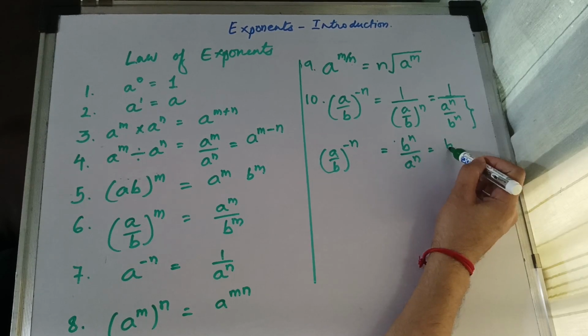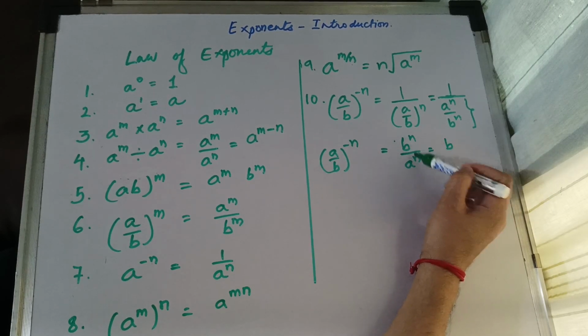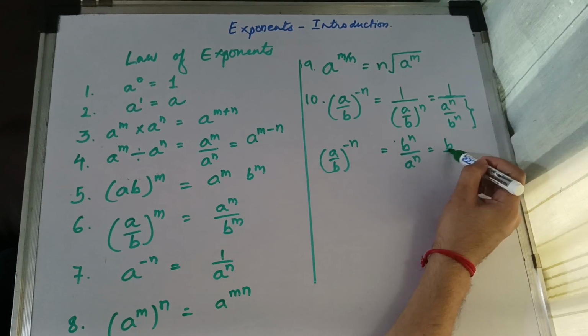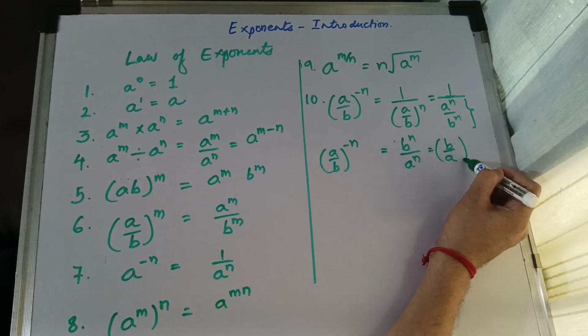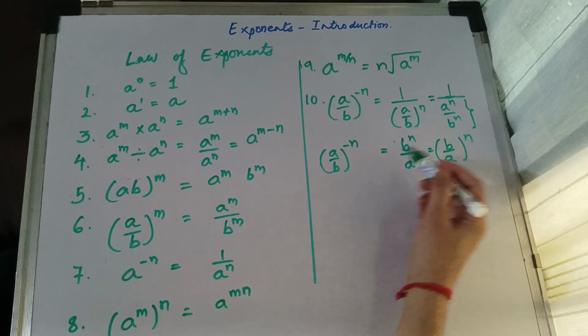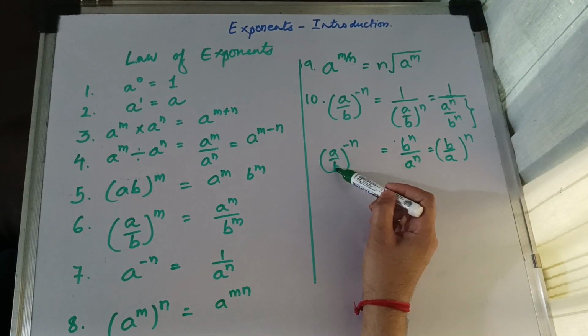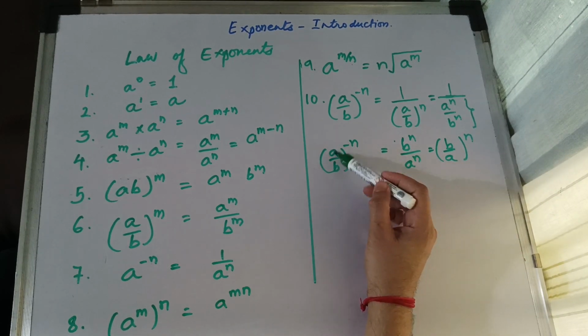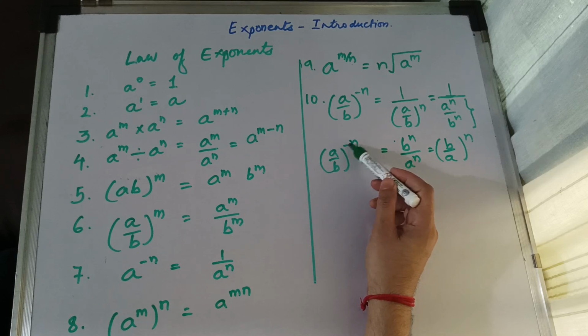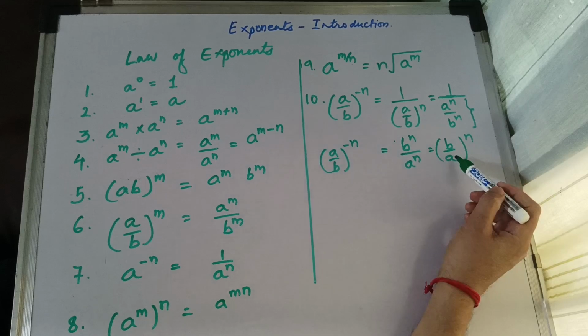And this can be written as, because the powers are common, b upon a the whole raised to n. So what happens here is, if there is a fraction a upon b and that fraction has a negative power, then this fraction will become reciprocal.